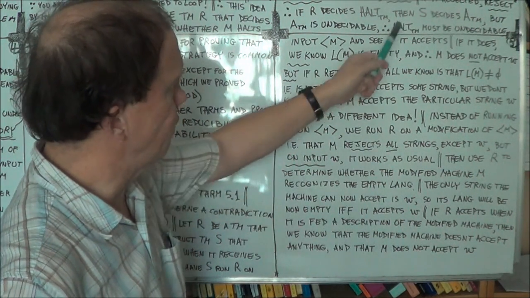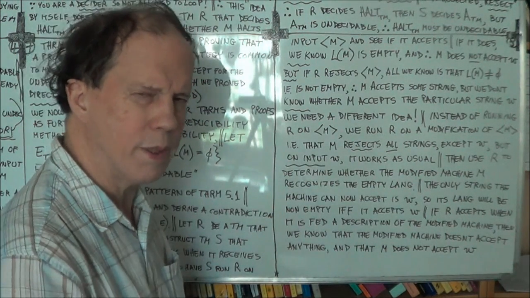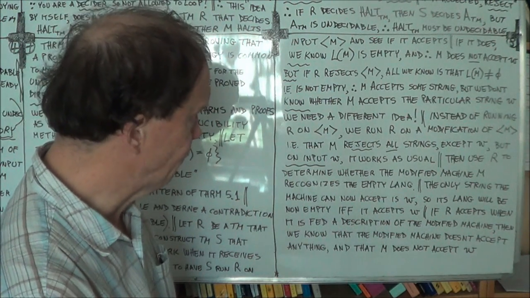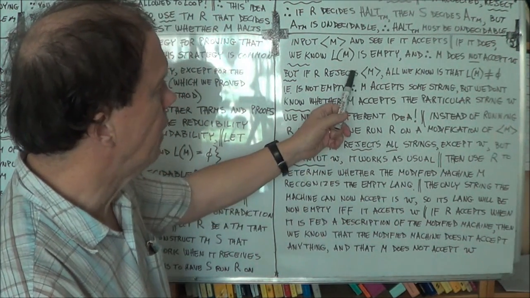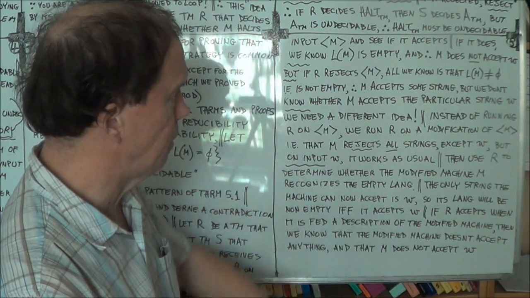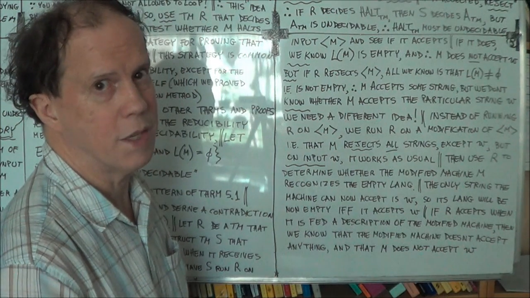Okay, but so that's fine. But what happens if R rejects? How do you interpret that? What does that mean? Well, all we know is that the language here is not the empty set, because that's what R is testing for.